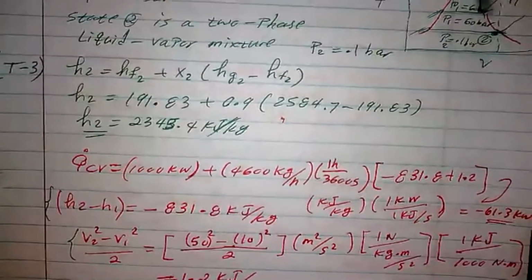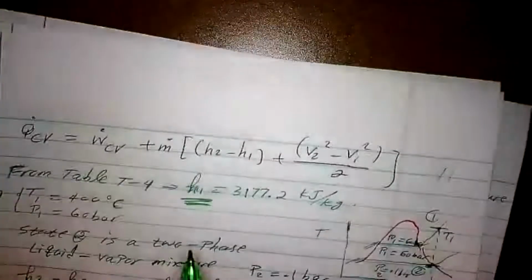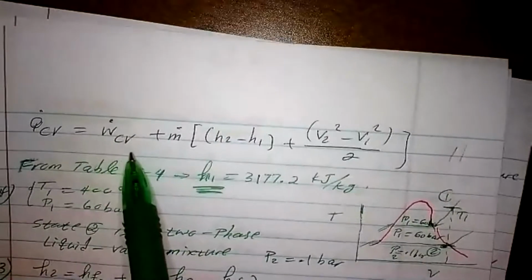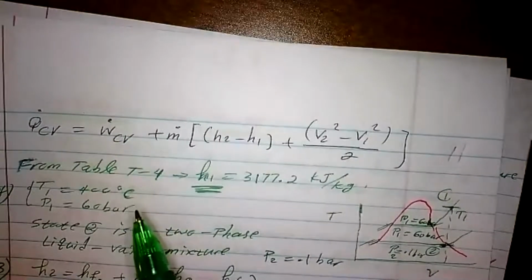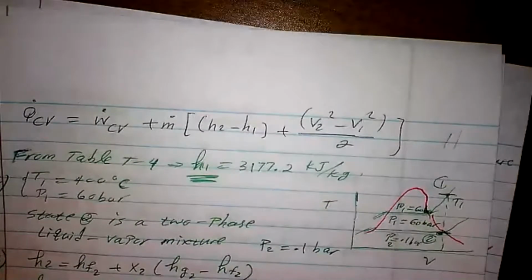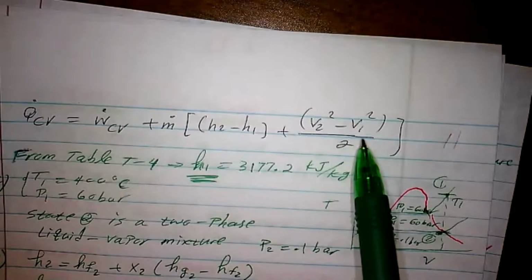All right, so then, in this formula we have the W dot CV, which is given to us, okay, the power of the turbine, out, and then the change in enthalpy from the table, and the velocity is already given to us, the exit velocity and inlet velocity.